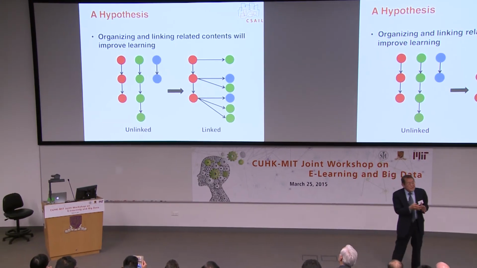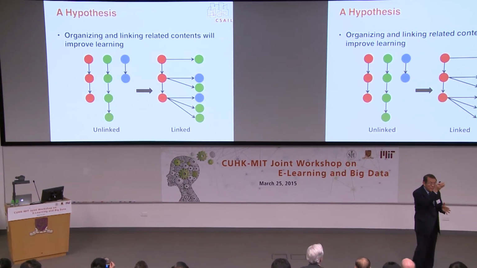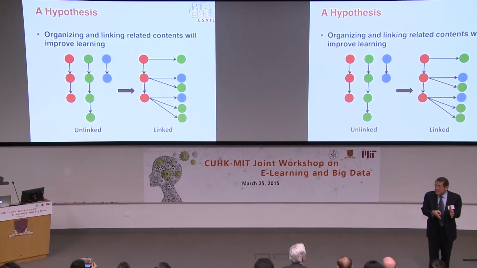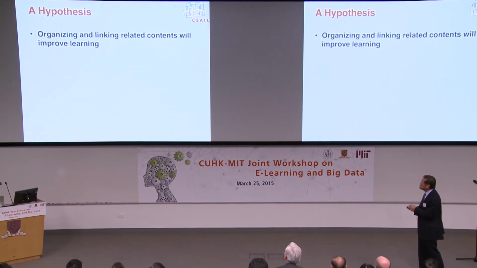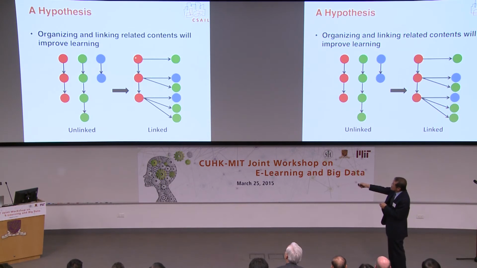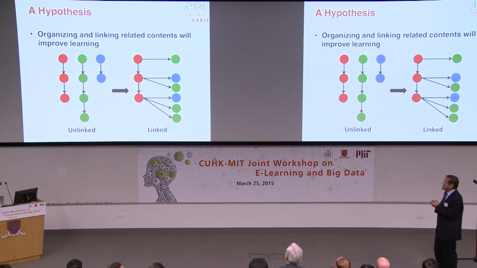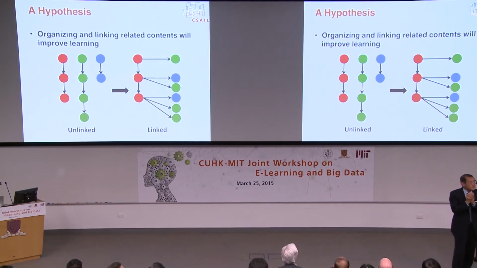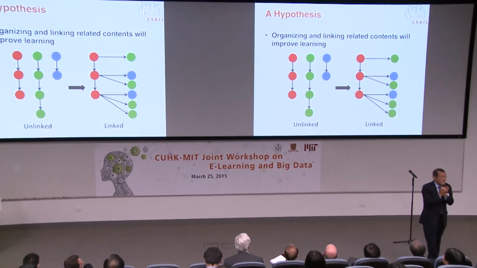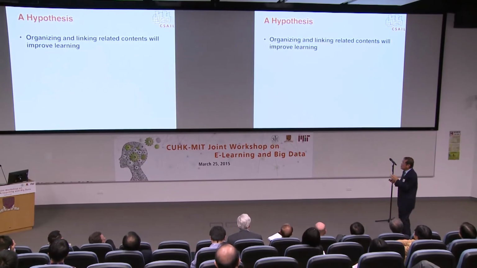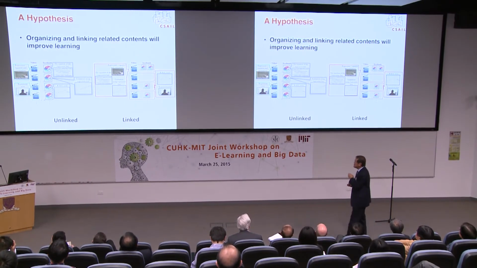They are basically organized as monolithic, independent pieces. And what we want to do is to move into this area in which, in fact, they are linked. For this particular topic in the lecture, the appropriate other kinds of courseware, sometimes you have more choices and other times you have less, are linked together. The hypothesis is that if we do this, it's going to improve learning. And to put it concretely, what we're trying to do is to build two types of interfaces.